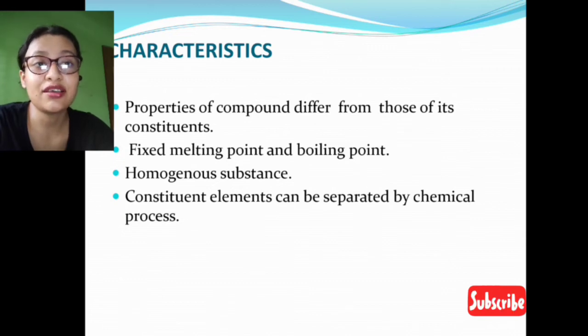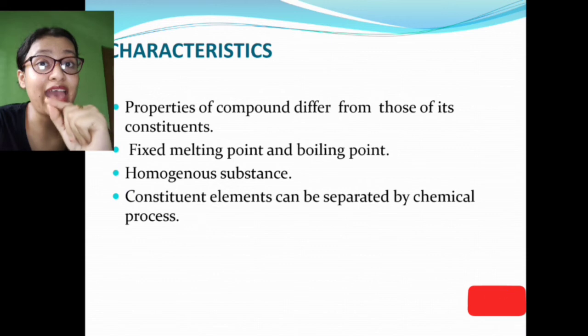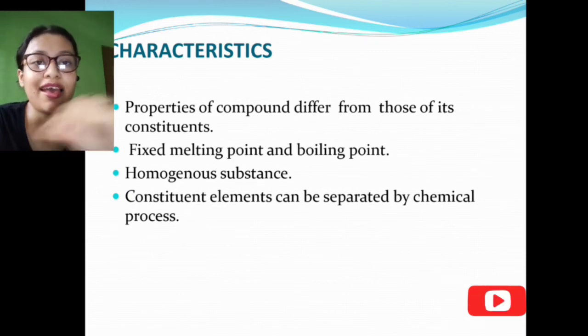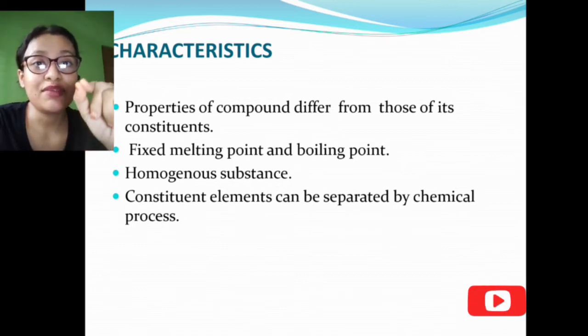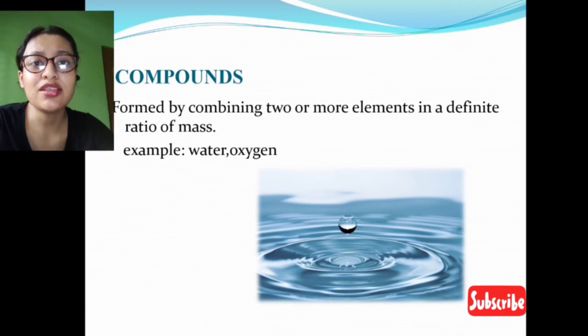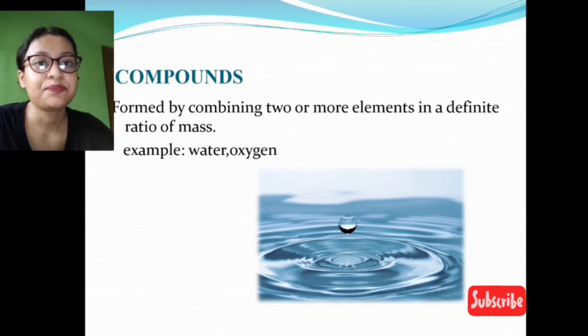The properties of the compounds differ from those of their constituents, and they have a fixed melting point and boiling point, and they are homogeneous substances. The constituent elements can be separated by a chemical process. So these are the various characteristics of the compound. As we know, compounds are formed by combining two or more elements in a definite ratio of mass.